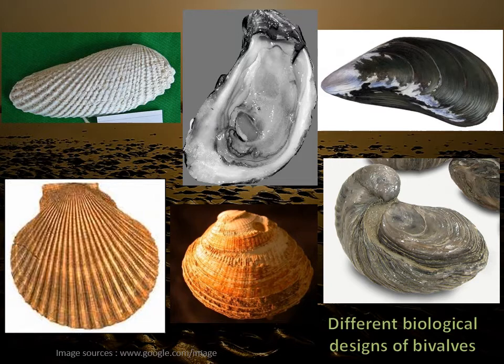Due to this different way of solving in different bivalve groups living in different environmental conditions, they have shown different morphologies which indicate their different modes of life. In this picture, you can see different sizes and shapes of bivalves which indicate their different modes of life. That means they live in different environmental conditions.